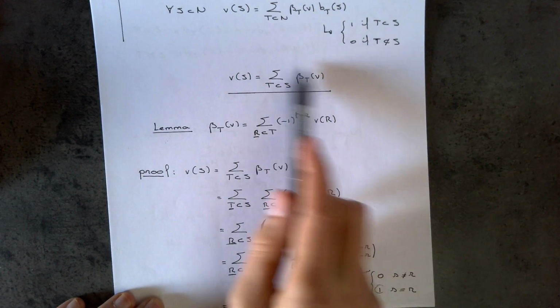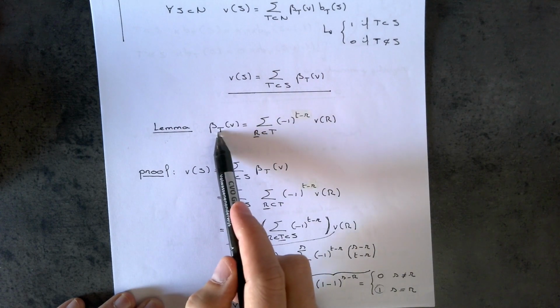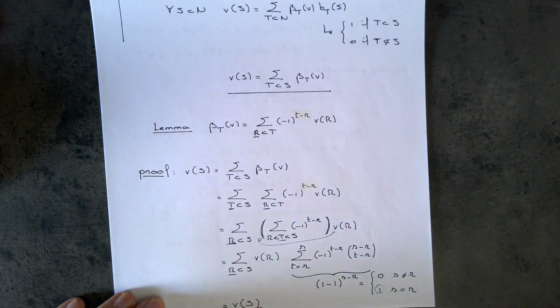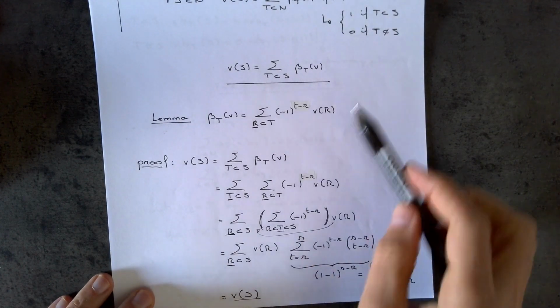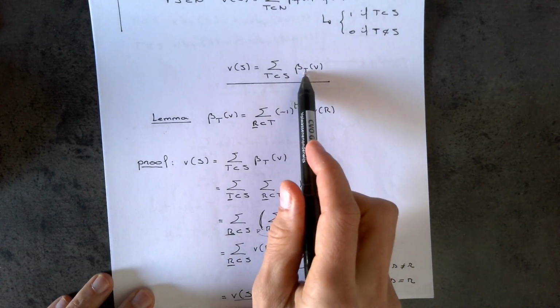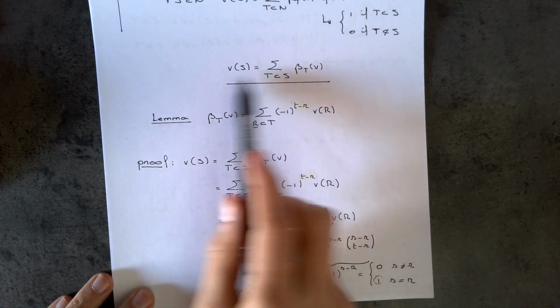This is basically inverting this equation, expressing β_T in terms of the function V. An easy proof is just to observe that β_T is just the Möbius inverse of V.